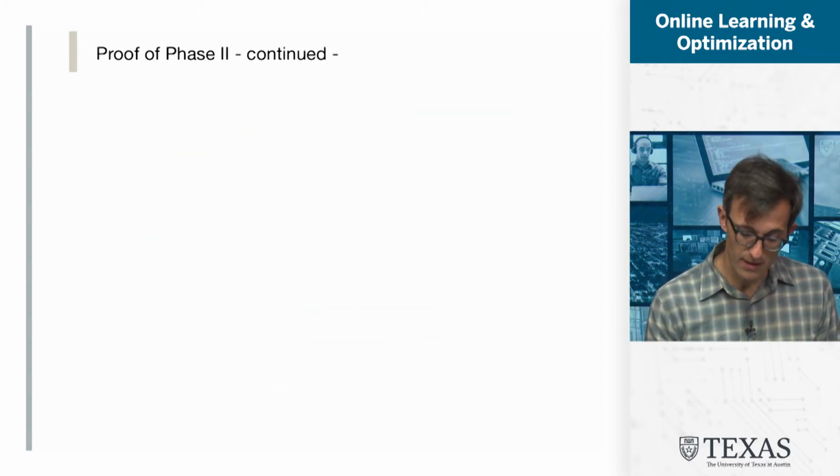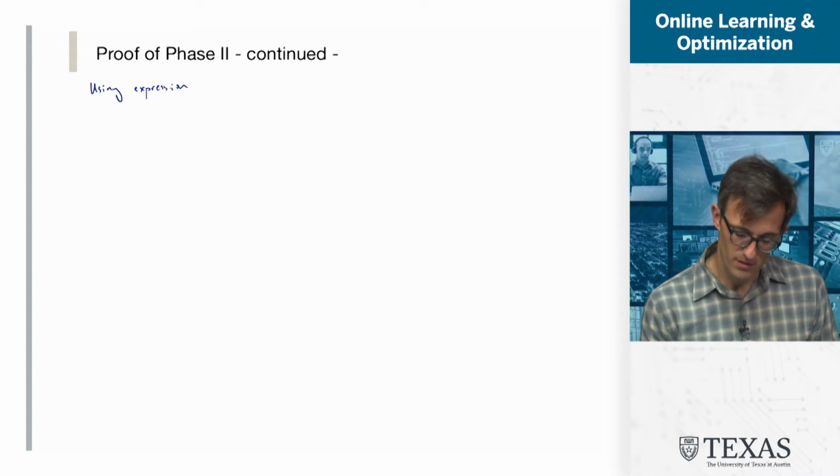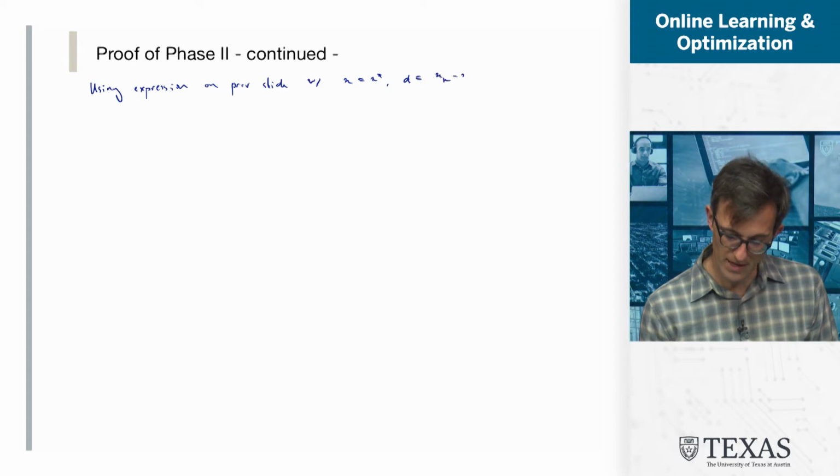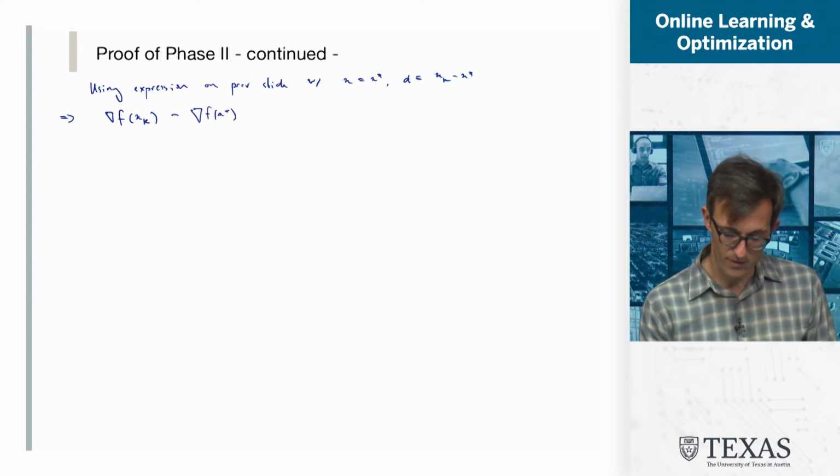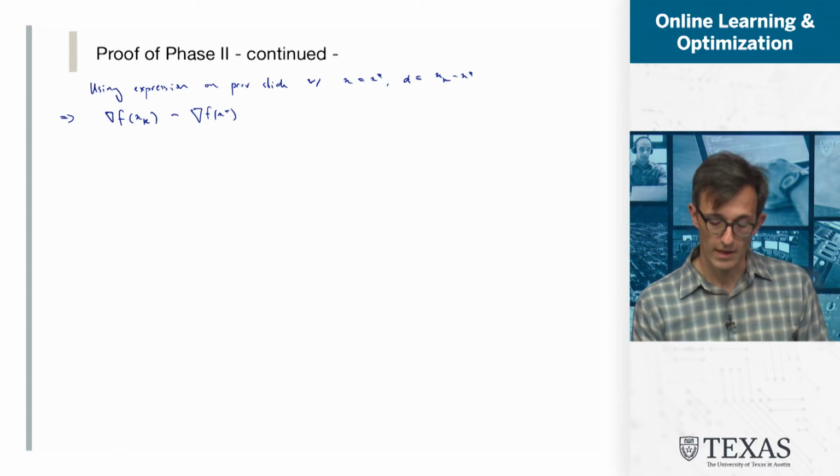So let's plug this in and we'll see how it looks. Using the expression on the previous slide with x equals x star and d equal to xk minus x star, exactly what we had written gives us the gradient of f of xk minus the gradient of f of x star. And what is that? Well, x star is the optimal solution.